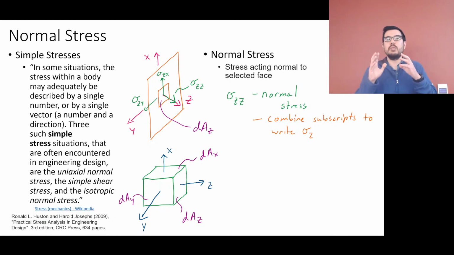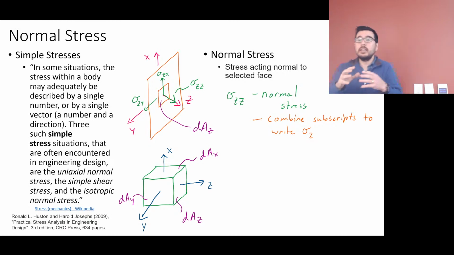We're going to spend some time thinking about the state of stress at a point in a structure. When we do that, it's not just one plane of the point. We're going to be looking at points or cubes that we put at points in structures.